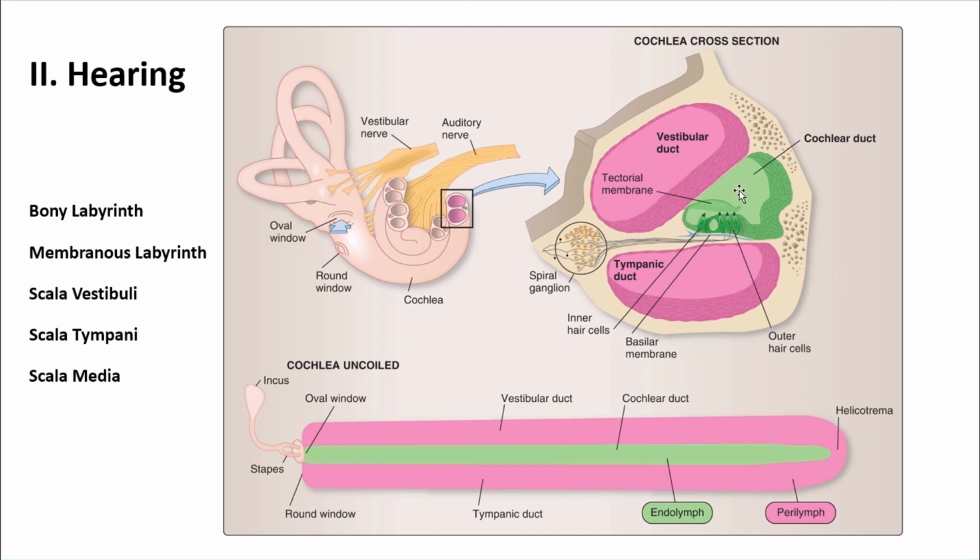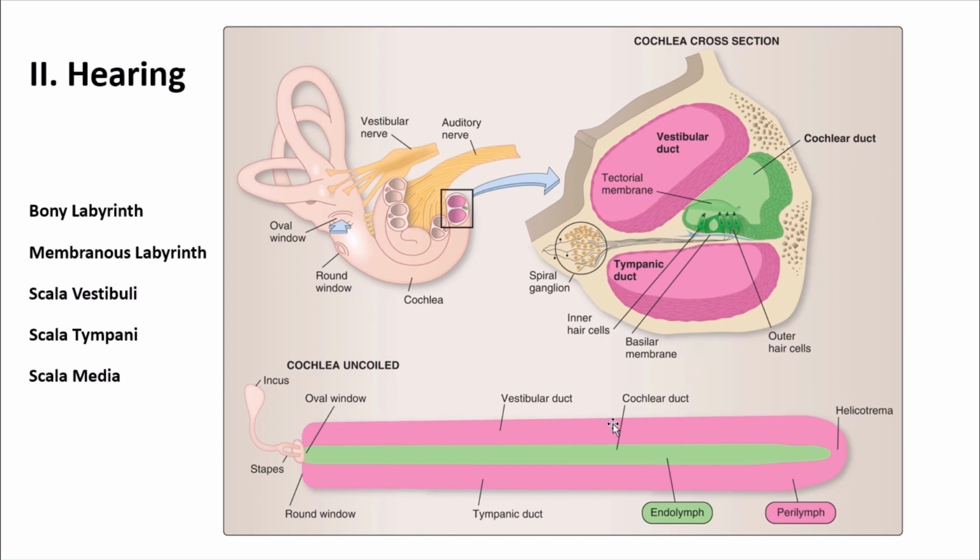The membranous labyrinth is separated from the tympanic duct by the basilar membrane, and on top of the basilar membrane inside the cochlear duct you have hair cells, and that is connected to a nerve, and the cell bodies of those nerve fibers are located in the spiral ganglia.